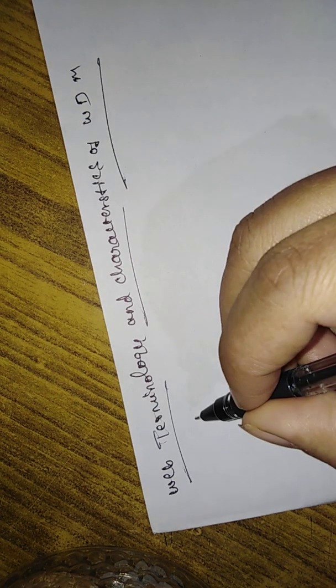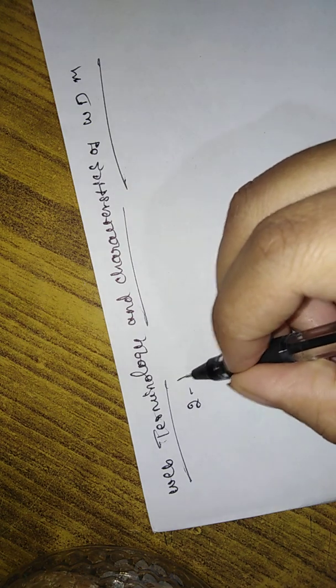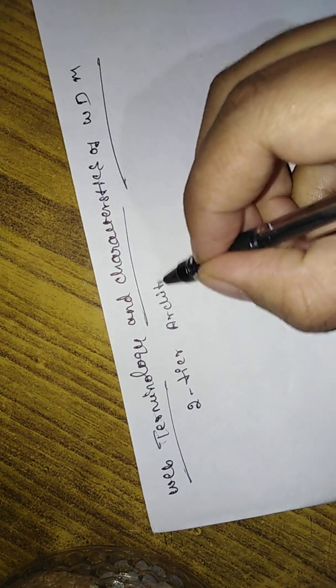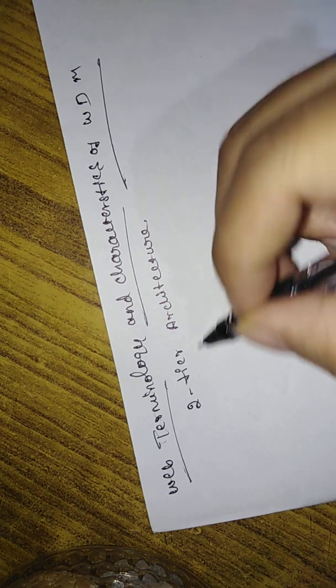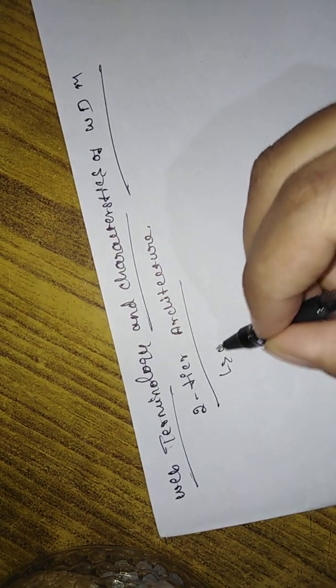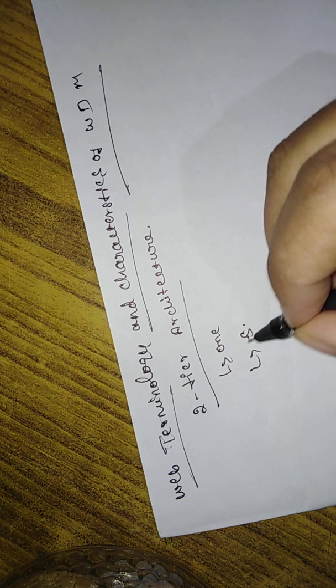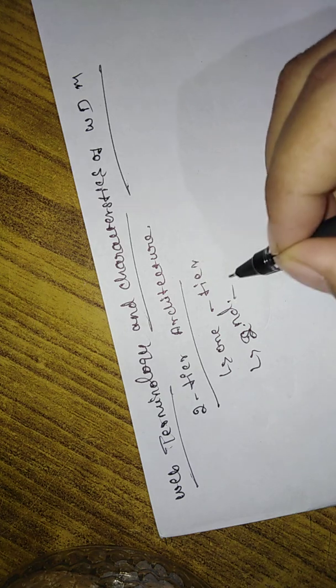The web uses a two-tier architecture method. The first tier and the second tier.